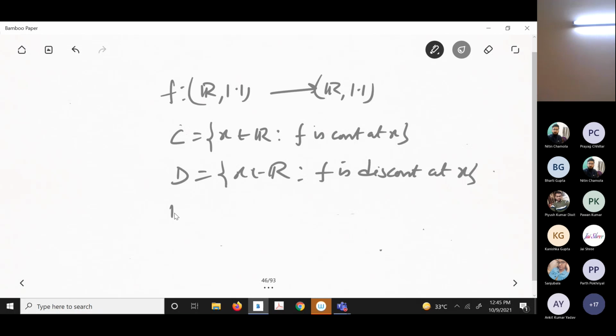Then R is obviously C union D, and C intersection D is empty. Fine. But here C and D must have some property. It's not arbitrary. You cannot say I will choose a function that is discontinuous at these points and continuous at those points. You don't have a choice there. Whatever you try, C and D must satisfy certain properties.